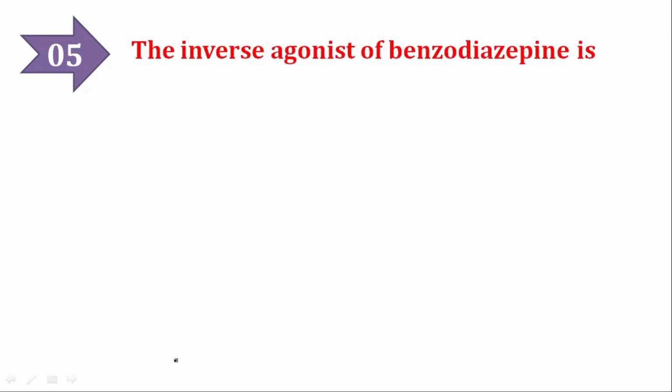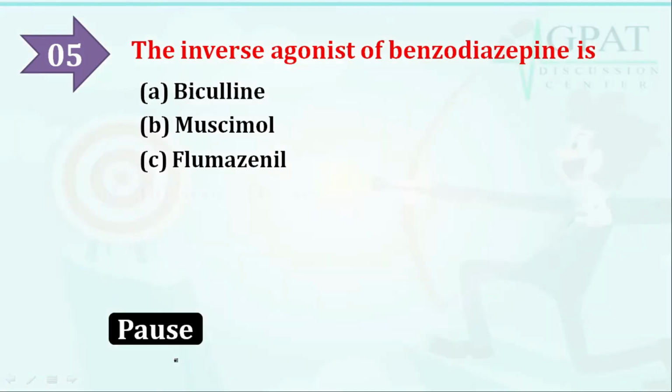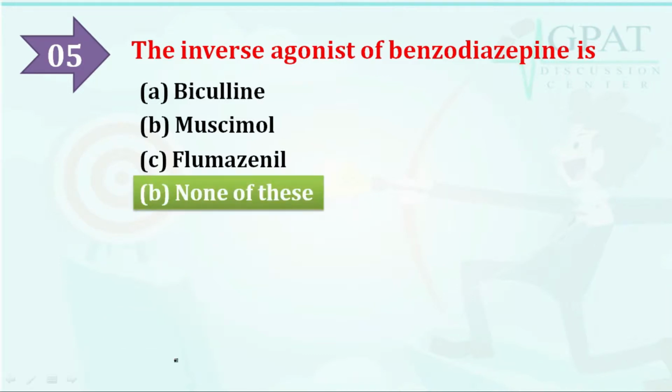Moving on to the next question: the inverse agonist of benzodiazepine is option A, bicuculline, option B, muscimol, option C, flumazenil, option D, none of the above. So the inverse agonist of benzodiazepine is none of these.